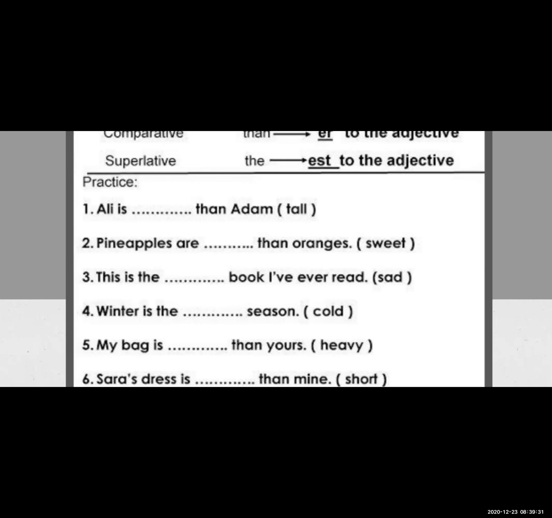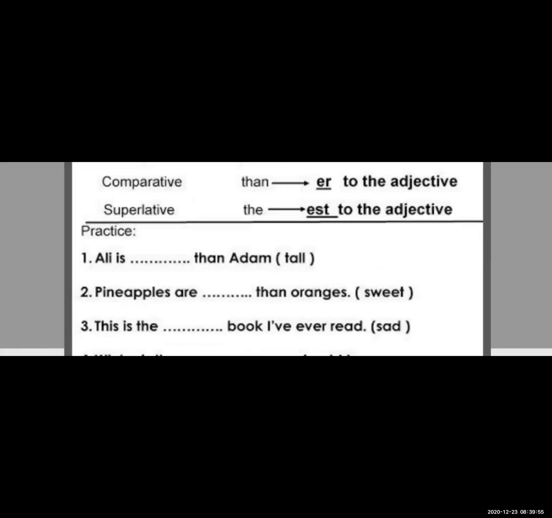So in the second also, pineapples are dash than oranges. Firstly you have to think there are two fruits and we are doing a comparison between these two fruits, pineapple and orange. One will be sweeter than the other. So pineapples are sweeter than oranges.